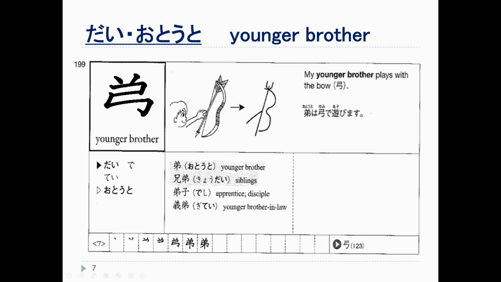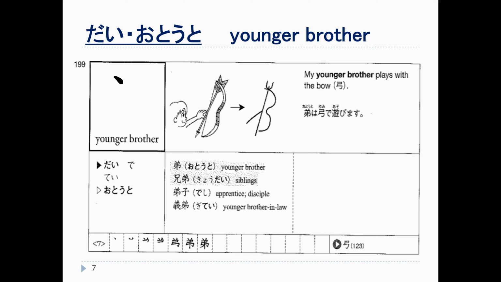So we write this kanji, and we will start at the top with 1, 2, and then 3, 4, 5, all the way around and hook, and then 6, 7.